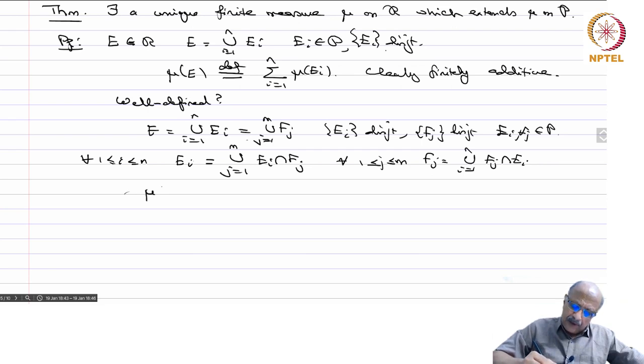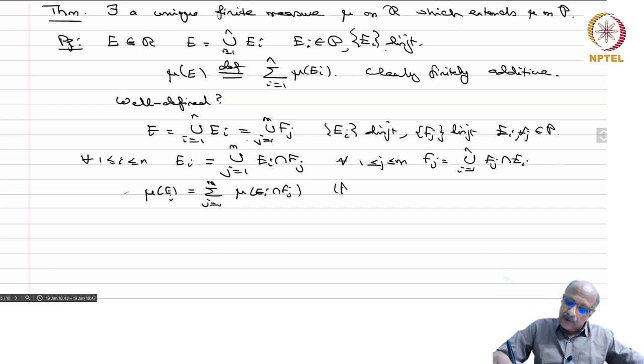Okay, so mu of E. Now the intersection of two elements of P is either empty or it is an element of P, and Ei is the union of these. So we saw in proposition 2 that mu is countably additive in P, therefore it's also finitely additive in P. So mu of Ei is nothing but sigma j equals 1 to m of mu of Ei intersection Fj.